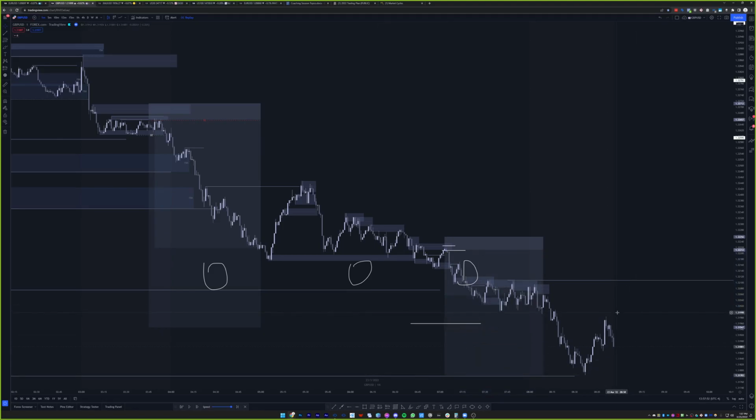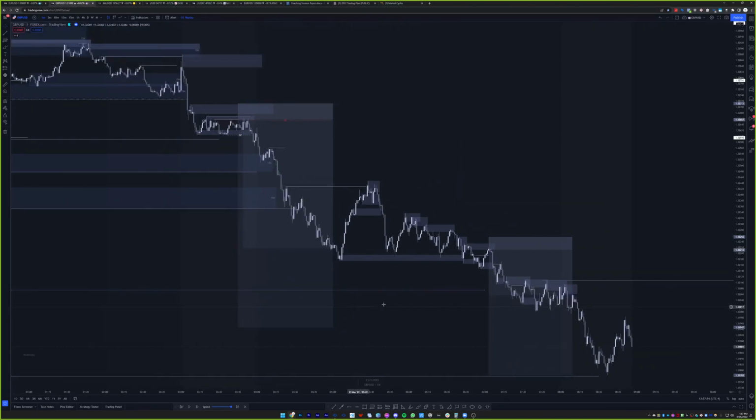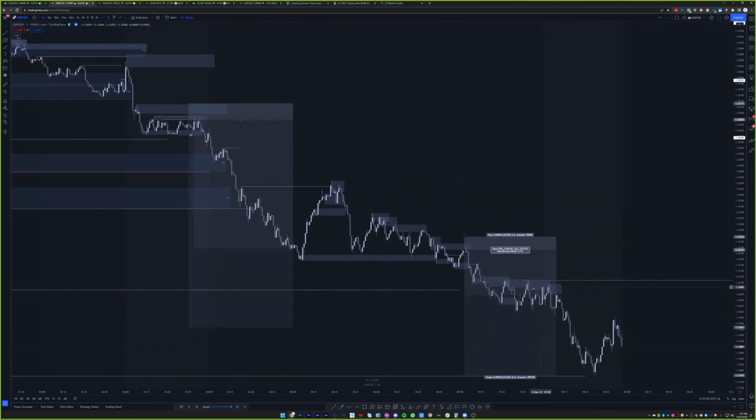Then again, remember IRL you can't just take an entry on the decisional. Which decisional? There's like 30 of them. So, if this right here is your last interaction with demand before it fails here, then this is the extreme of the reaction.